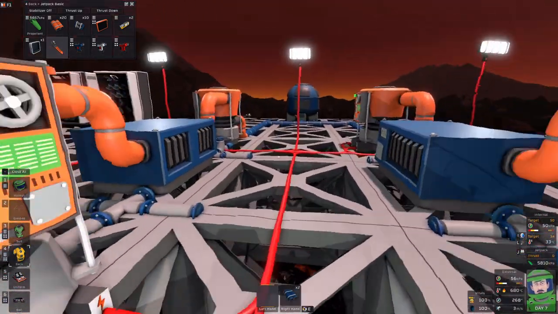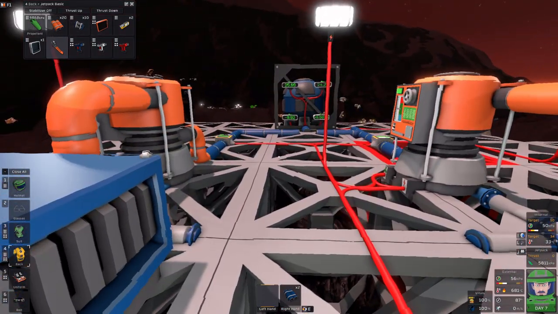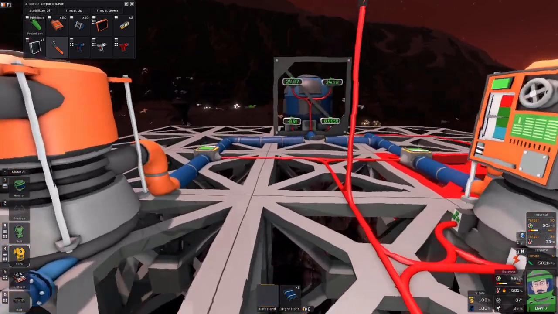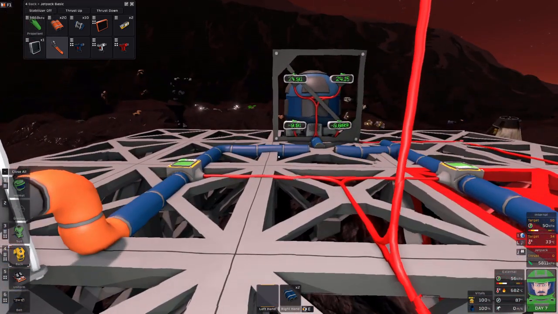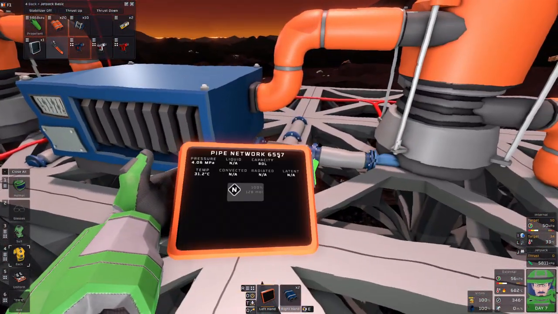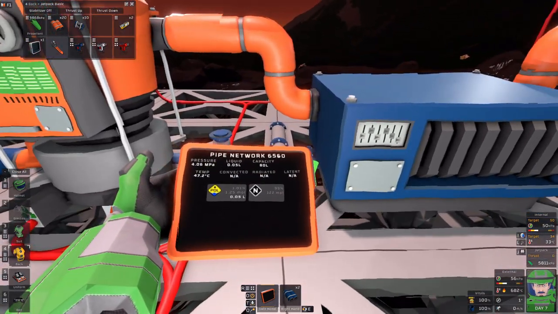So, unlike the purely connected phase change devices, this is more of a result I expected to see. And it actually does help to ensure that we get a good amount of efficiency out of the pressurized liquid pipes.